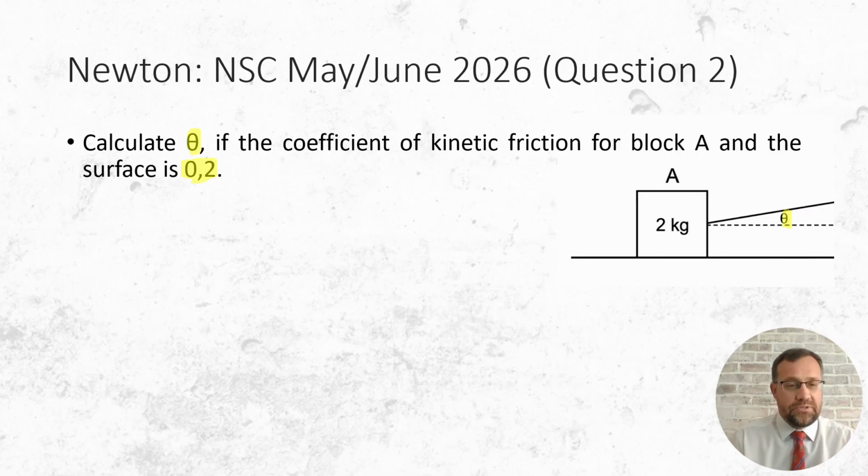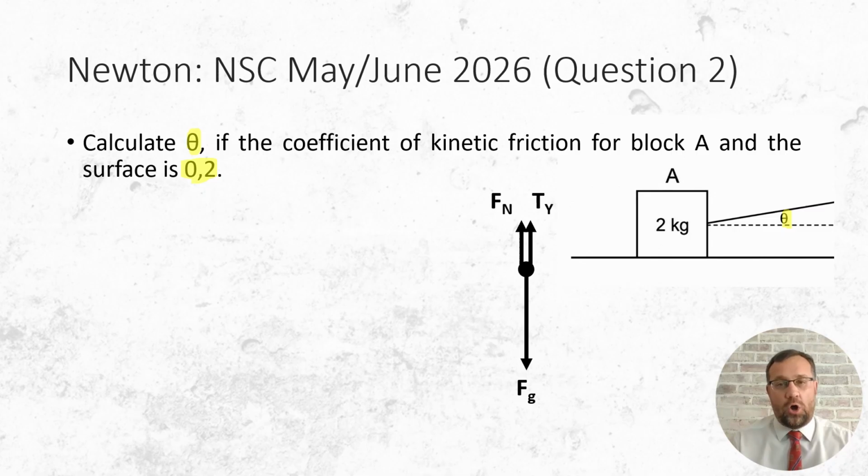This always helps. First of all, acting upwards is the normal force, Fn, and the vertical component of the tension, Ty. In this case, it will be T multiplied by sine theta. Acting downwards is the weight of the block.